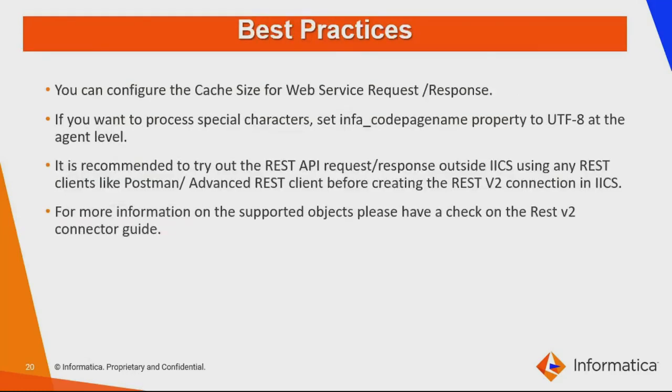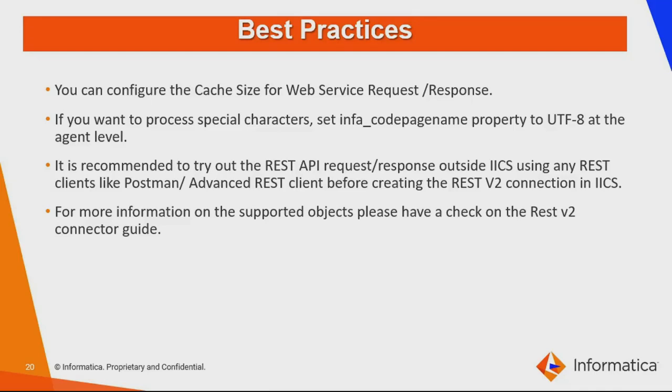A few other best practices that can be considered while using REST V2 connector are: you have an option to configure the cache size for web service request and response. If you want to process special characters, then you might need to set infa code page name property to UTF-8 at the agent level.